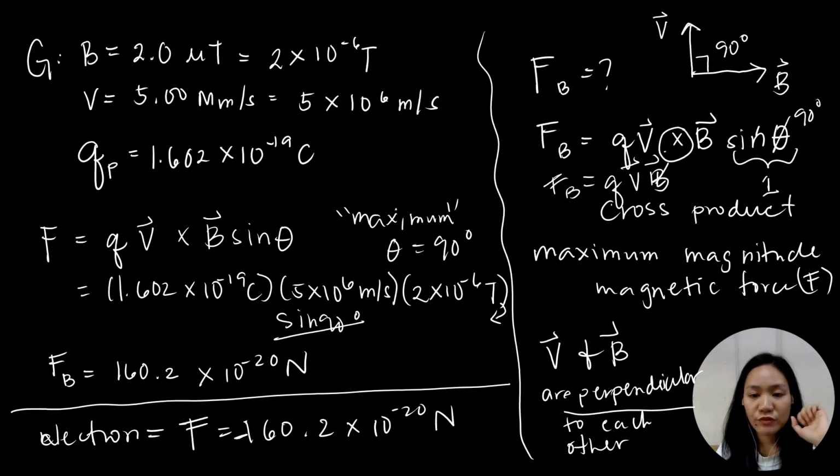So if we follow the figure earlier, the magnetic field is into the screen, the particle is moving to the right, what would be the direction of the magnetic force? Would it still be upward?